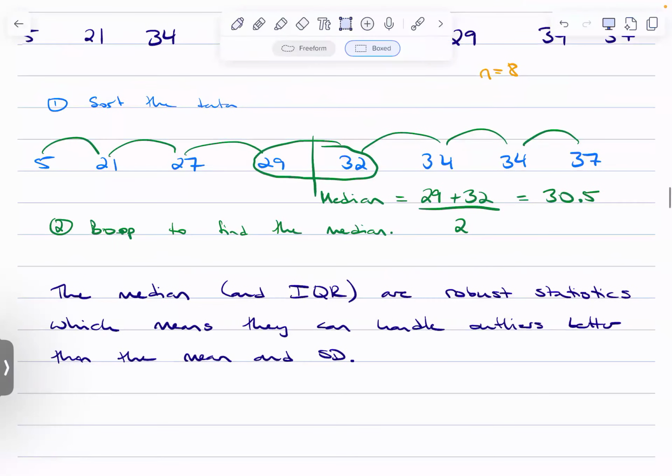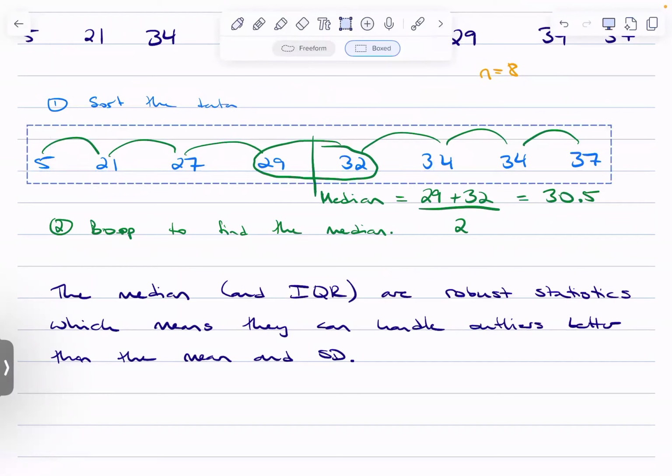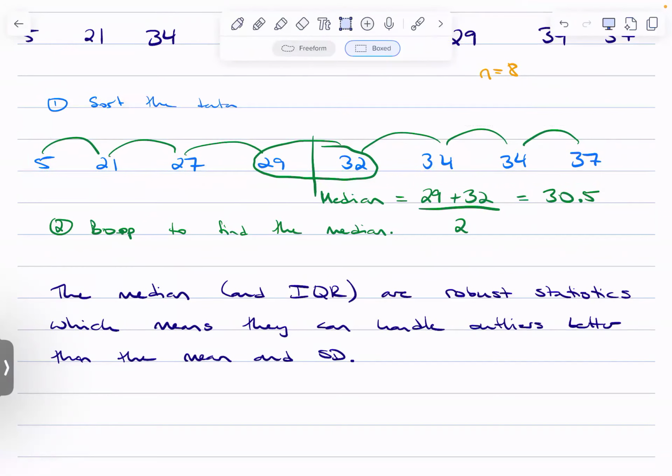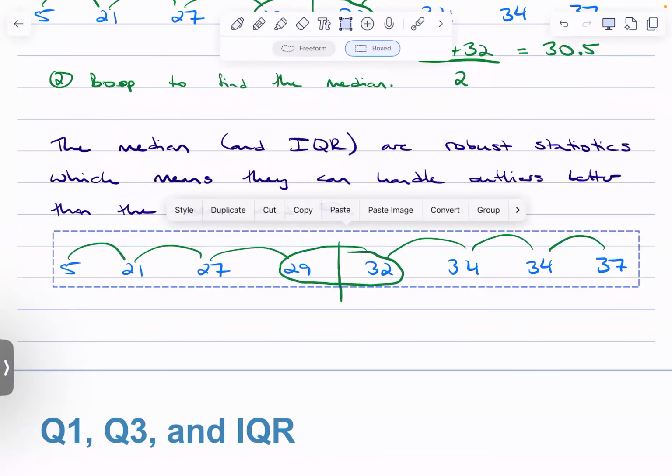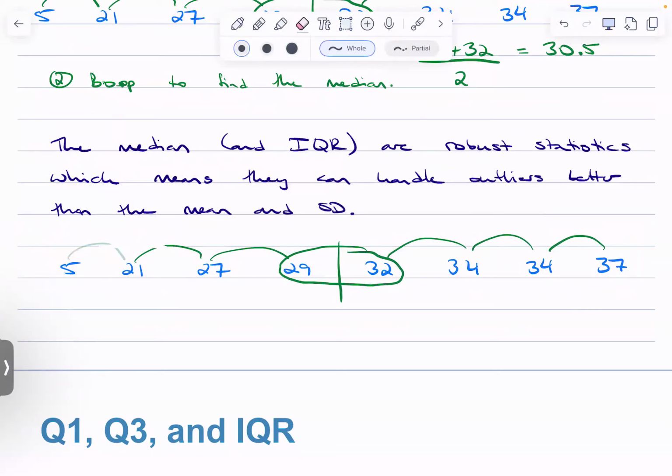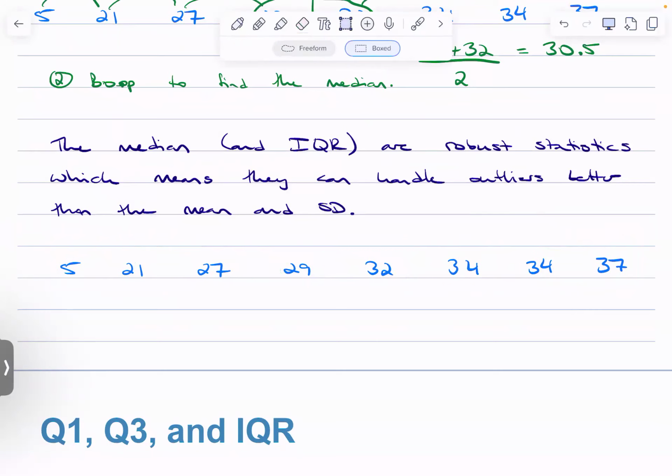As an example, let's use this data set here. And try to erase my boops. Hey, nice. All right. So consider the mean of this data set.